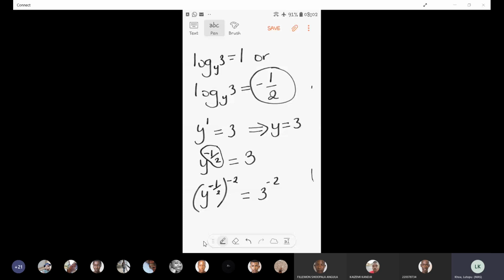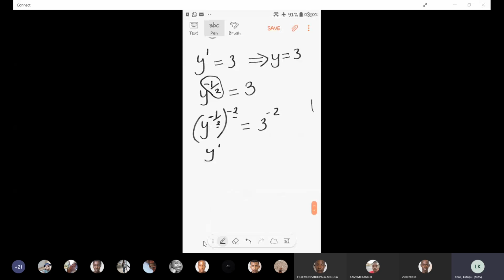The reason I raise it to a power of minus 2 is because I know minus a half and minus 2 will multiply, and if they are both negative, my final answer will be y to the power of 1, which is what I want. And then 3 to the power of minus 2, this is 1 over 3 to the power of 2. Remember your laws of indices, and this is equal to 1 over 9. So your two solutions: y is equal to 3 and y is equal to 1 over 9.